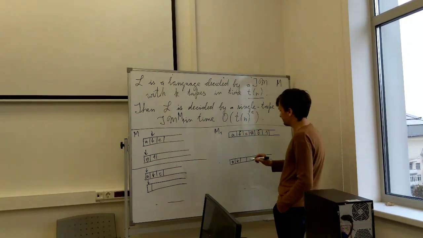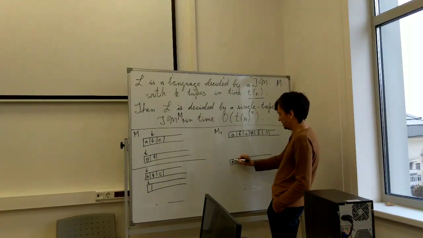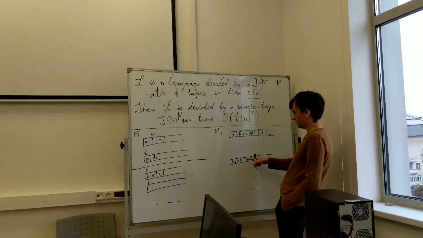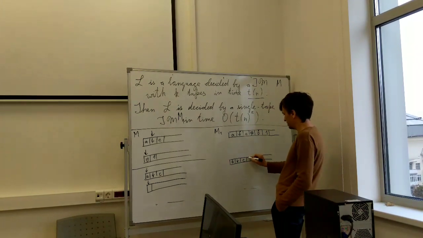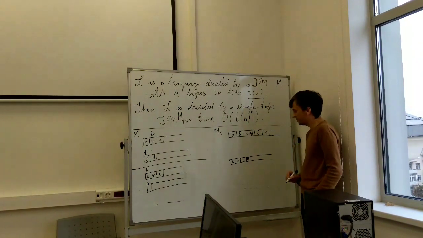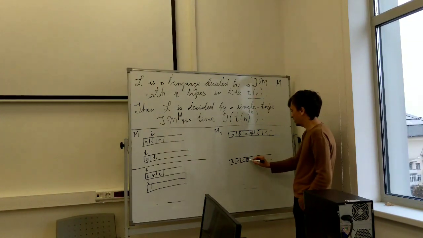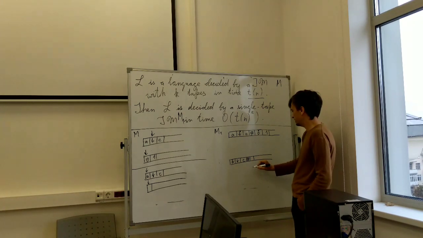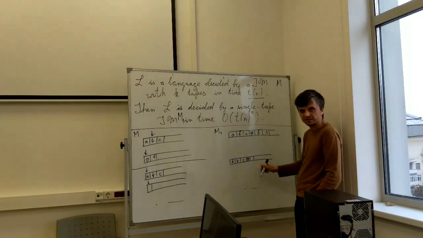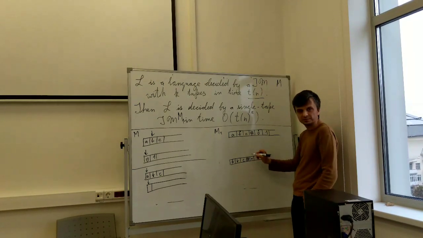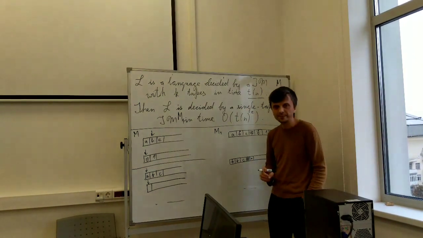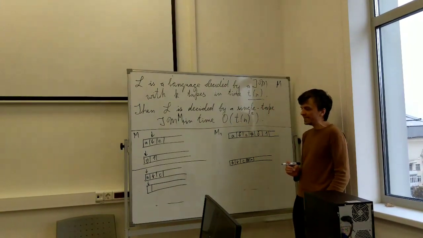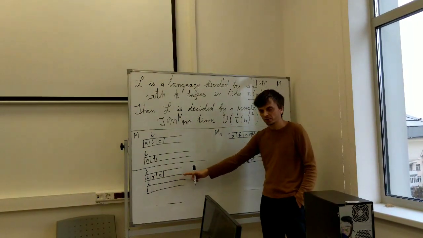So here we will have A dotted, then B, C. Here we have the delimiter. And then, let's keep it a blank symbol, but we put a dot here. So dotted blank.